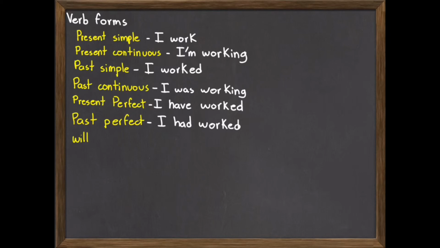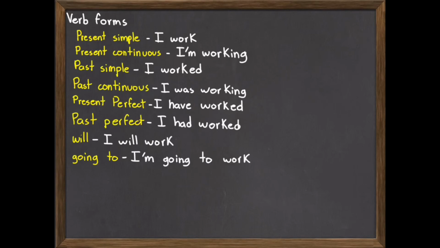We use will to talk about predictions or beliefs about the future, such as I will work. It's also a verb form because most of the time we talked about actions in the future. Also, going to. We use going to talk about what we have already decided or intend to do in the future, such as I'm going to work.